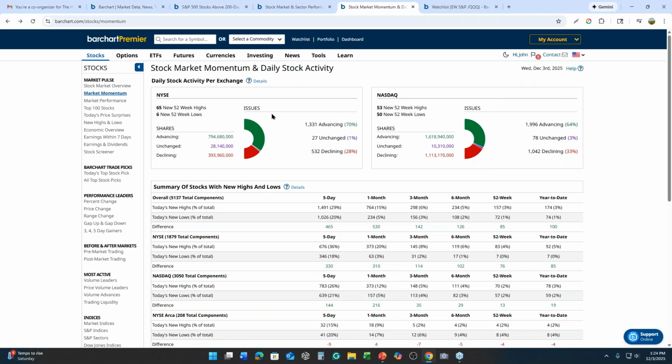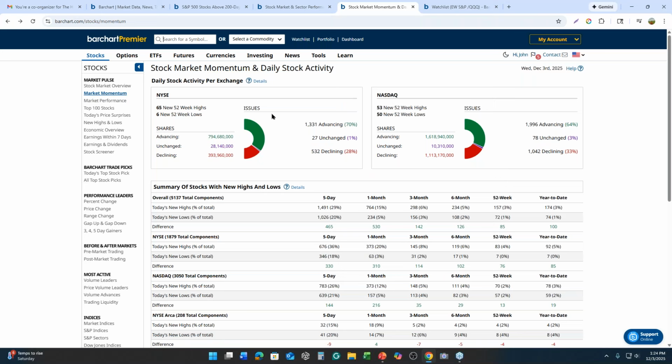Now we want to be aware of extremes, 9 to 1s, 90% versus 10%. Those usually are moments where the market has either exuberance or maybe some type of capitulation. And they could be counter trend indicators.